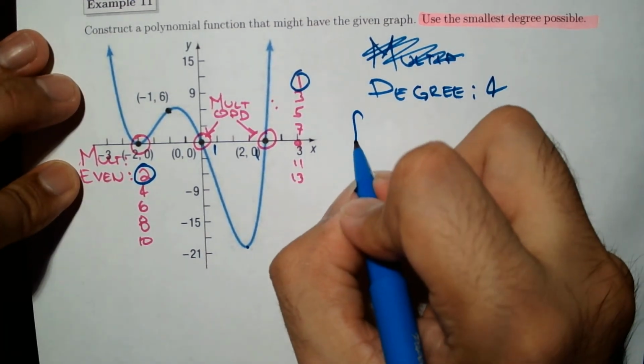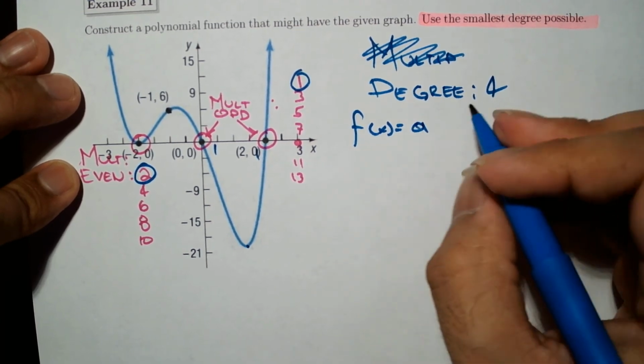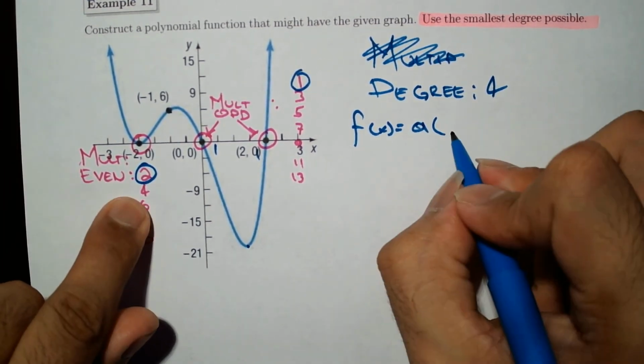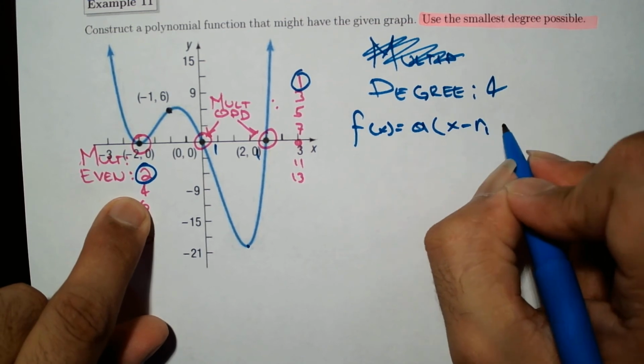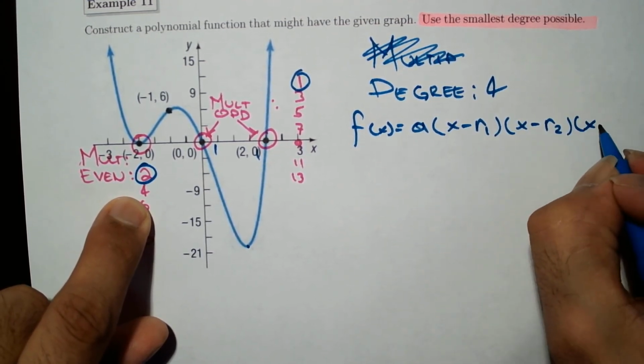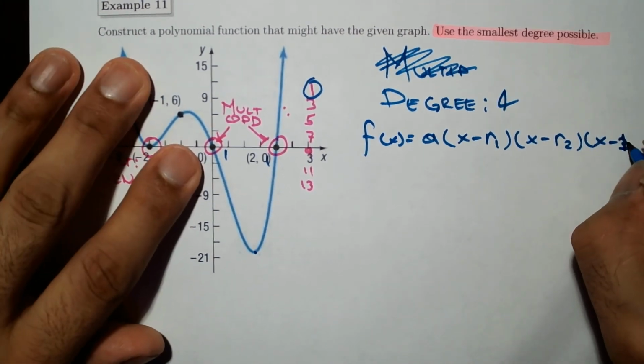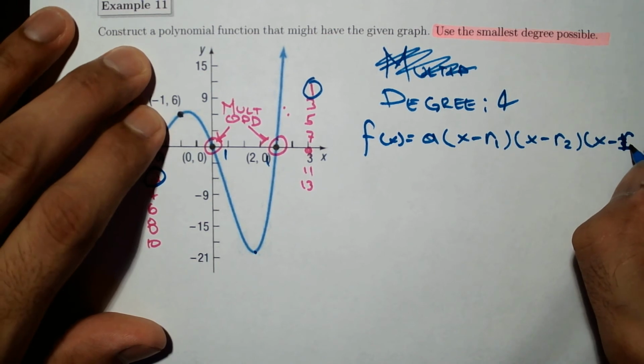So I'm going to have something like f of x equals a times (x minus r1), (x minus r2), and (x minus r3). But wait a minute, that's not degree 4.